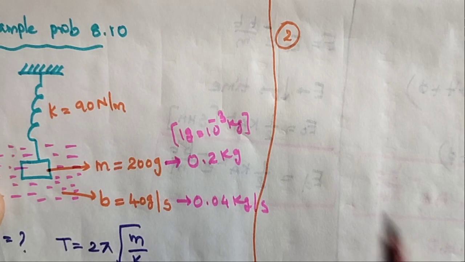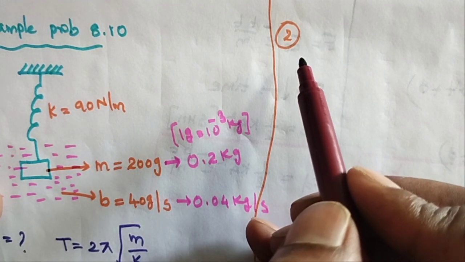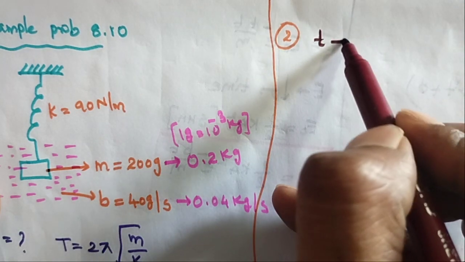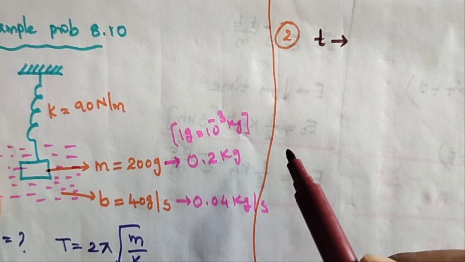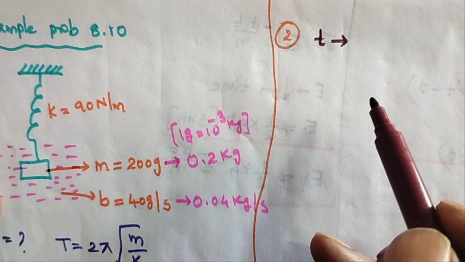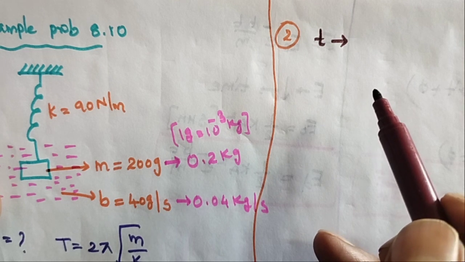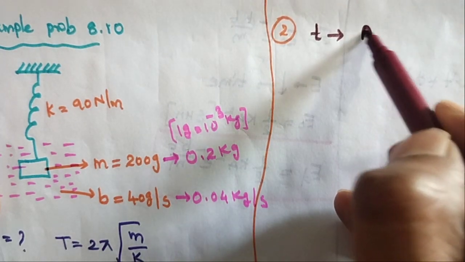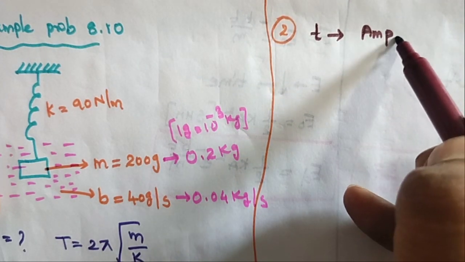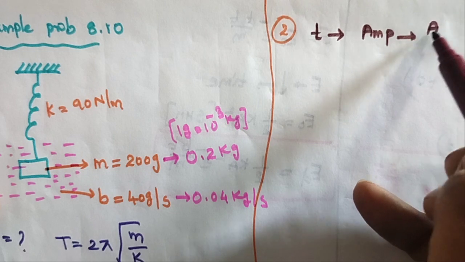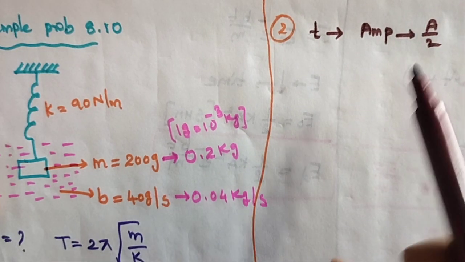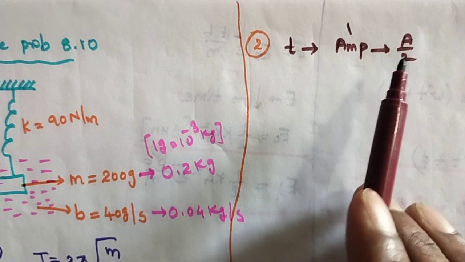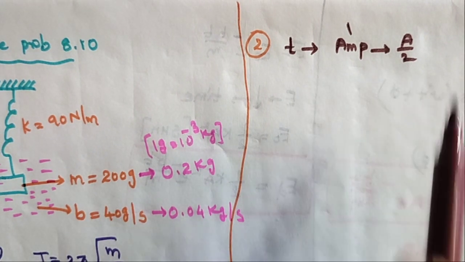Problem 8.10. What is the second one? The time taken for the amplitude of oscillation to drop to half of the initial value. So the new amplitude A dash is half of the amplitude.